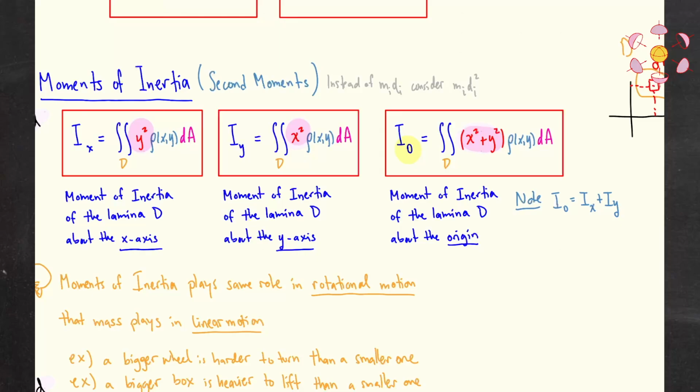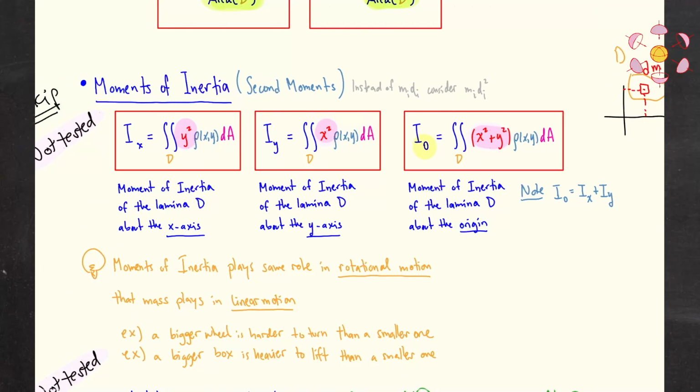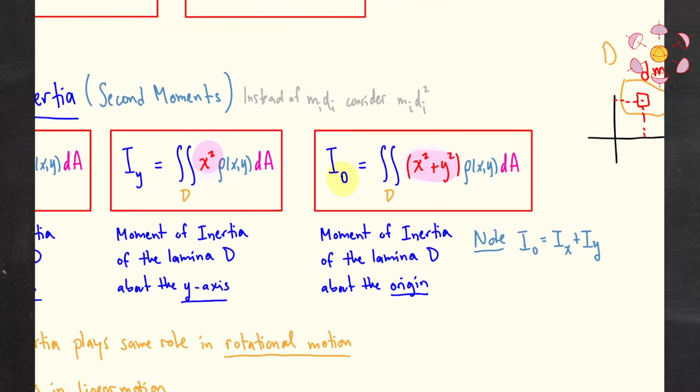I don't have time to get into the intuition of why you would even consider the second moments here. I0 would be the distance to the origin, and you end up just getting x squared plus y squared. Remember, the distance to the origin is the square root of that, but because we're considering the moment of inertia, where we do the square root and then square it, that disappears completely.